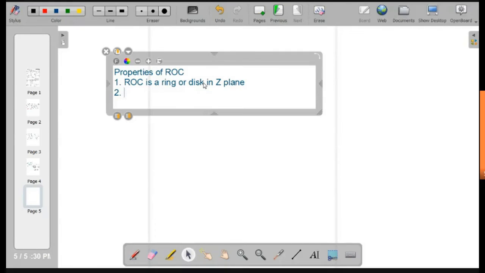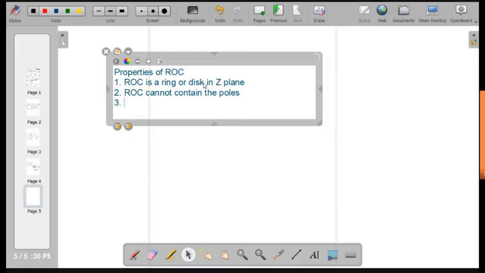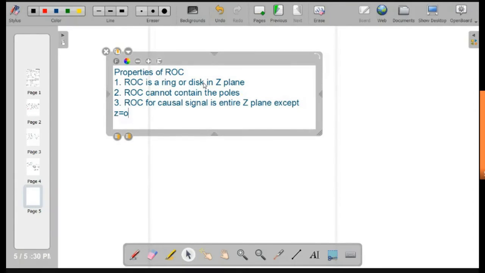Second property is ROC cannot contain the poles. ROC for causal signal is entire Z plane except Z is equal to 0. That already we have seen. Except Z is equal to 0.